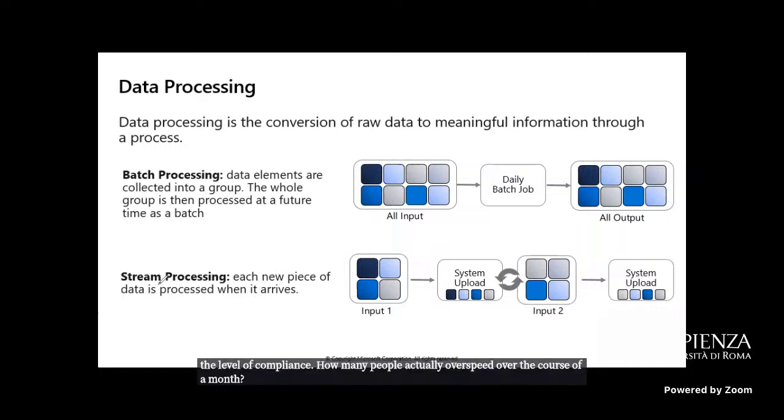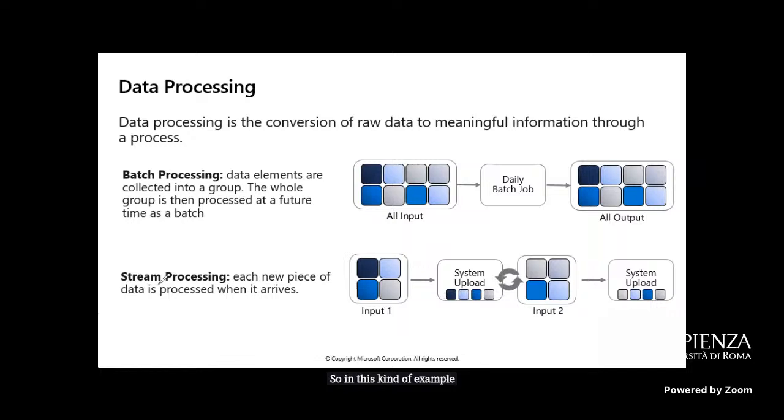So in this kind of example, will you consider that as a situation of having batch processing and stream processing? Yes, because there are two things you have described. You have said that immediately you cross the speed limit, you are issued a ticket.